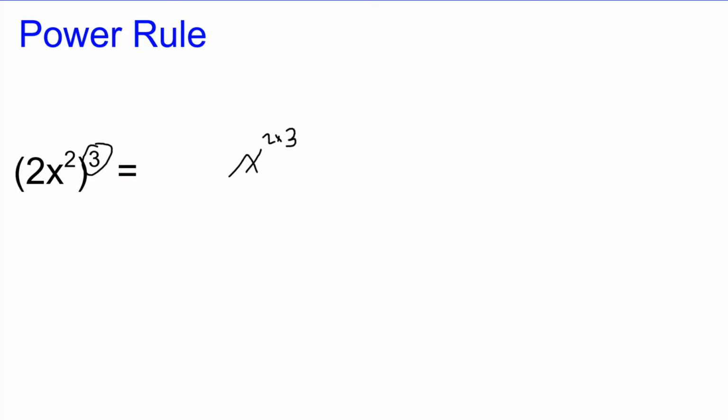That's our one part. But we're also going to have 2 to the exponent 1. There's a hidden 1 exponent attached to every number, multiplied also by 3.